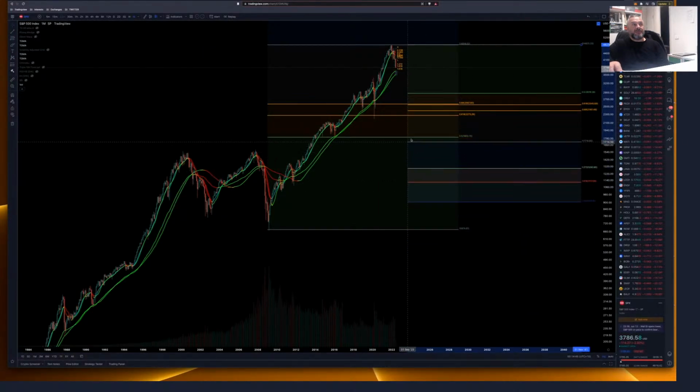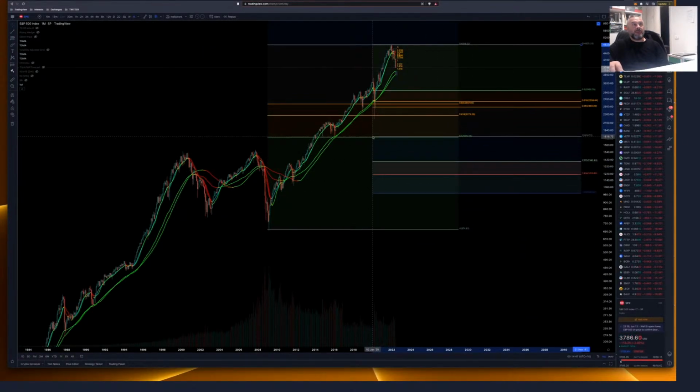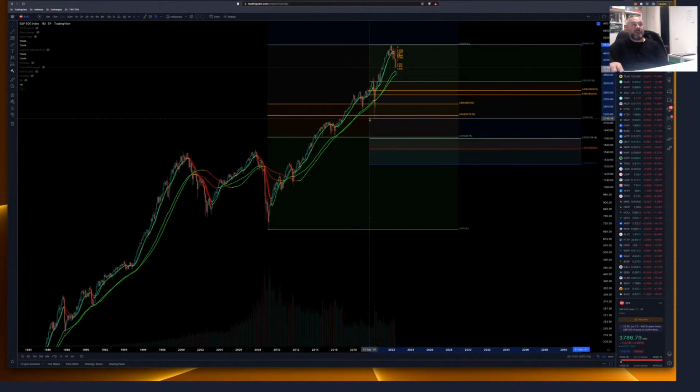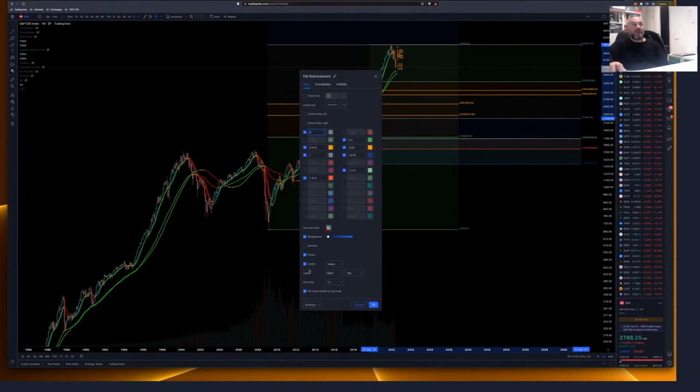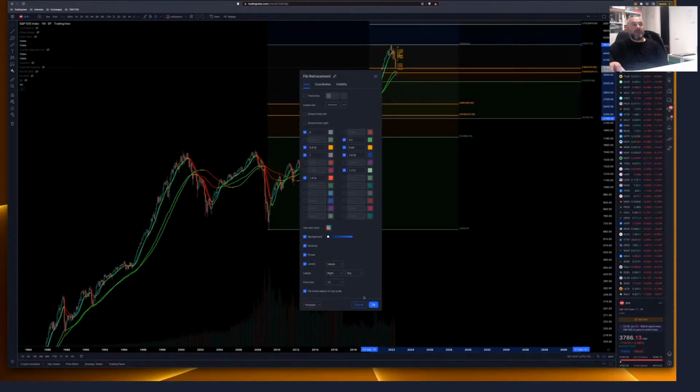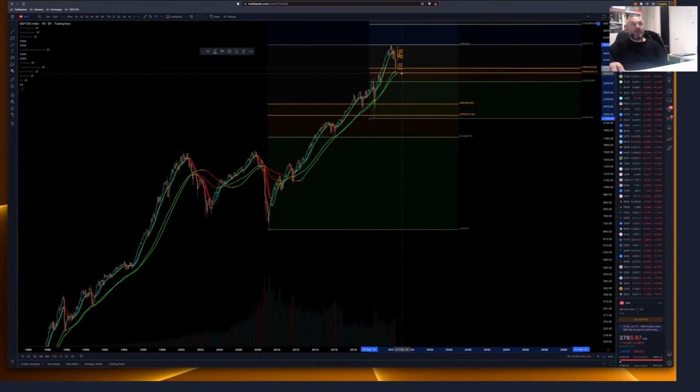If we were to use this as a reference, it's still pretty low. And if we use that, it hasn't even got to the 0.5 yet. Right now it's approaching the 618. So if we lose that 618 there, we're going to be in a lot of trouble.